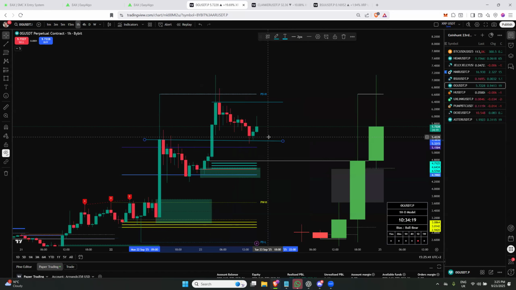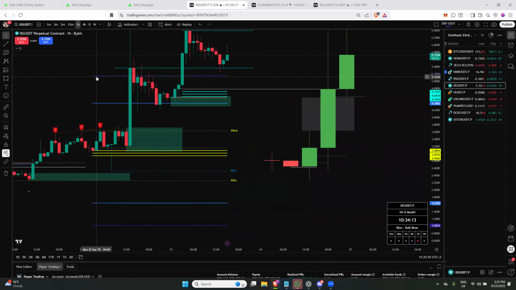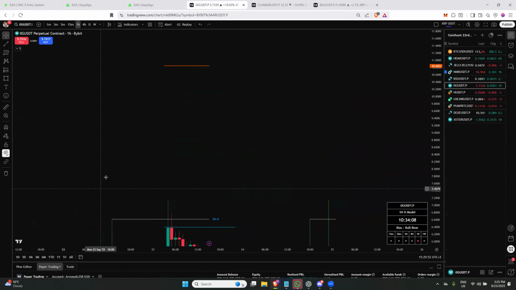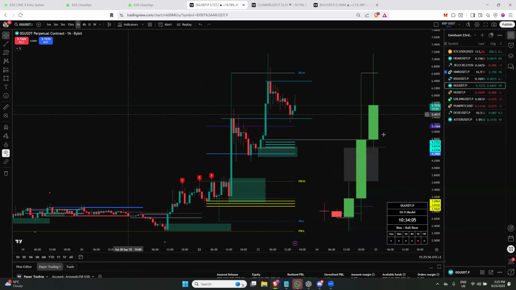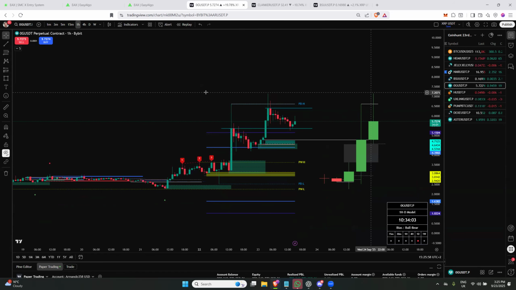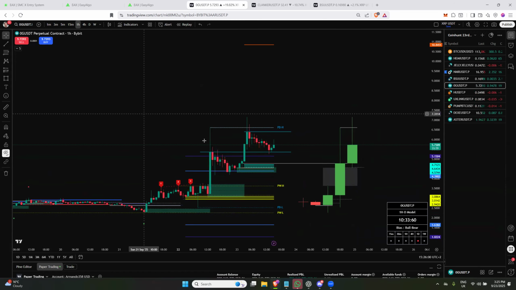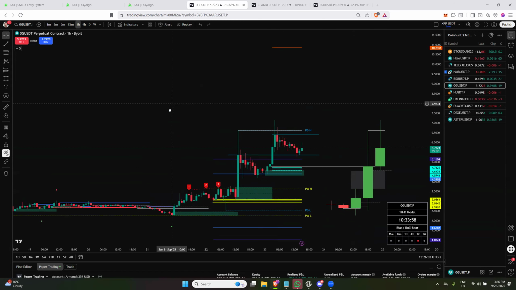It's formulated another downside opposing candle level as well. But it is on your weekly resistance 3. It's above your weekly resistance 3, and you've got your daily resistance 3 level up here. So it is in extreme continuation to the upside on the high time frames, and that's in your daily bias.